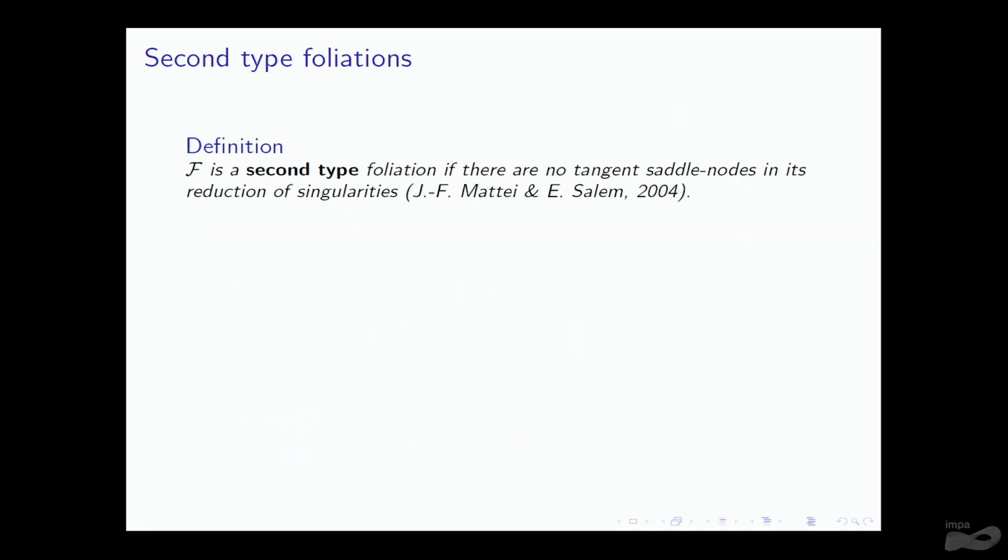Now, I define another family of foliations that contains that of the family of generalized curve foliations: the foliations of second type. We say that F is a second type foliation if there are no tangent saddle nodes in its reduction of singularities. It's a concept introduced by Mattei and Salem.